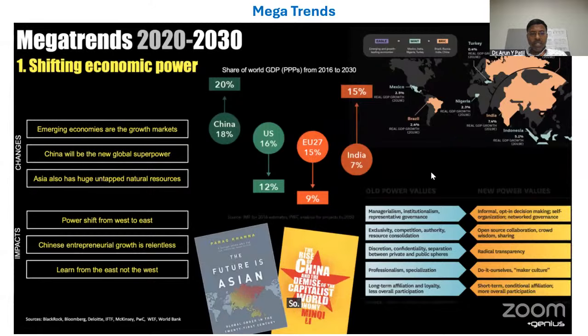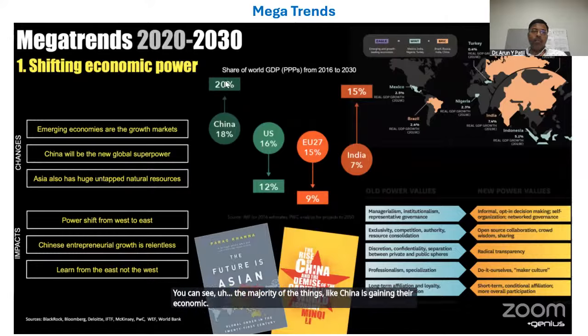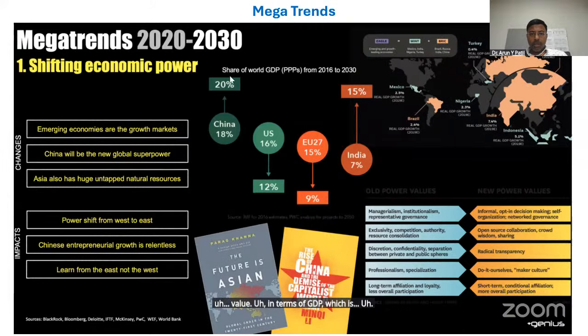So there will be a shift in economic power. As I said, from the west to the east, there will be a surge. You can see China gaining economic value in terms of GDP, which is expected to be 20% by 2030, and the US is expected to be 12% to 16%, whereas you can see European countries dropping.